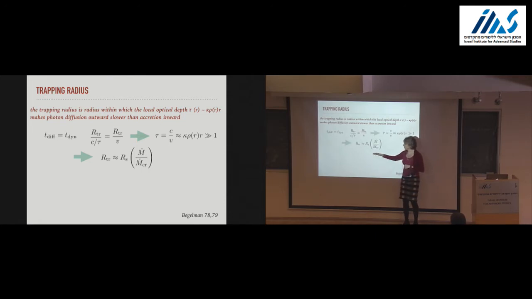So what is the consequence? Within the trapping radius, you can imagine that you are at the Eddington limit, for instance. And this radiation cannot stop the flow because the flow is going down faster.